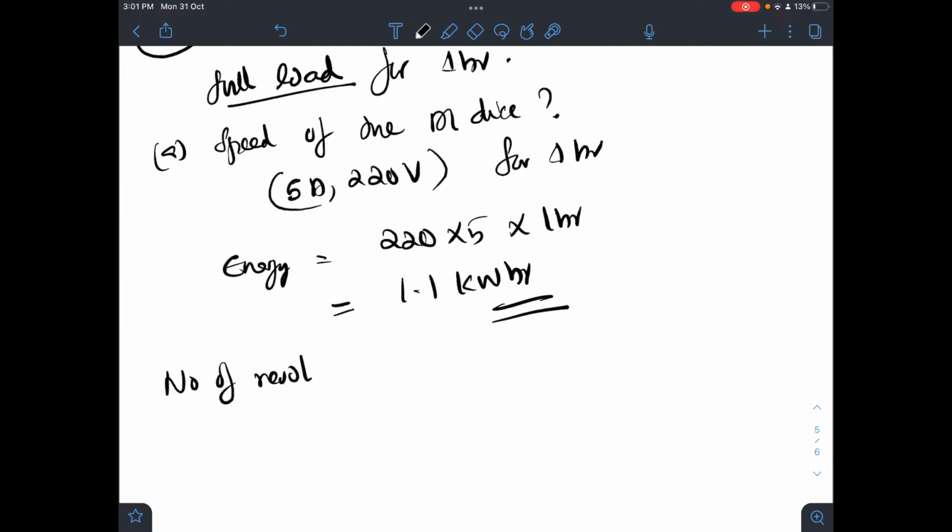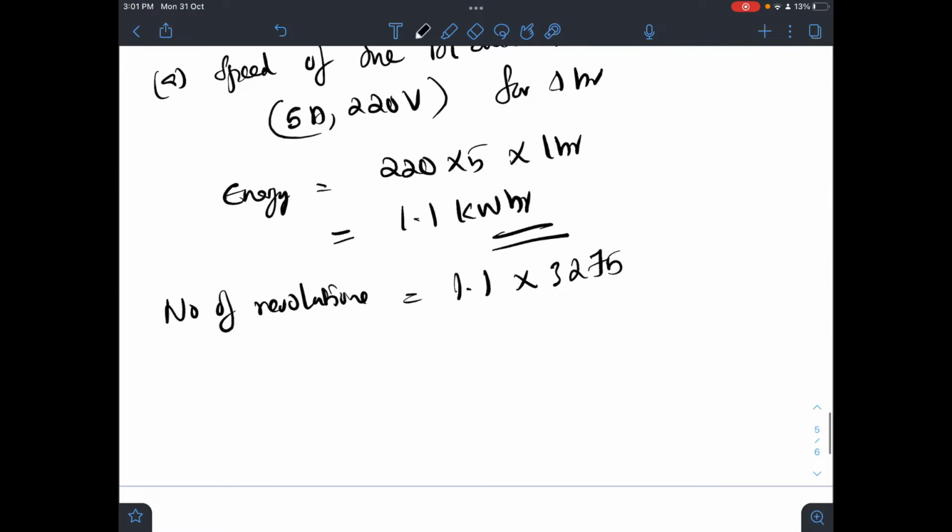When I say meter constant, you are aware that for 1 kilowatt hour it will have 3275 revolutions. So for 1.1 kilowatt hour, it is going to have 1.1 into 3275 revolutions. If I calculate this, you will get 3602.5 revolutions.